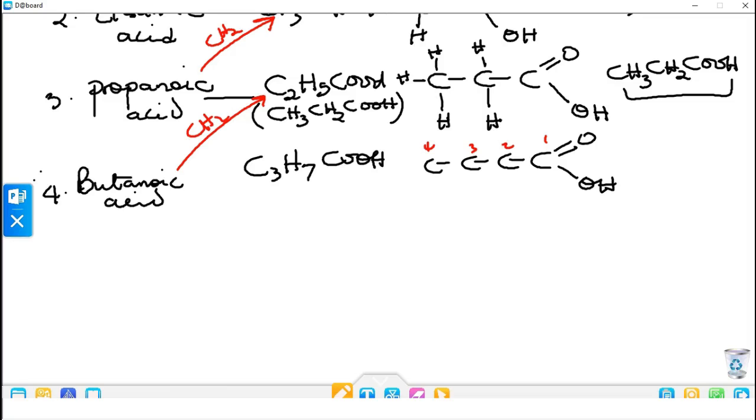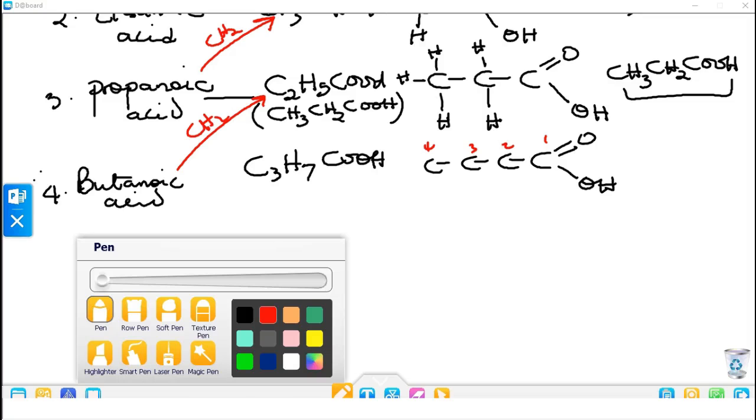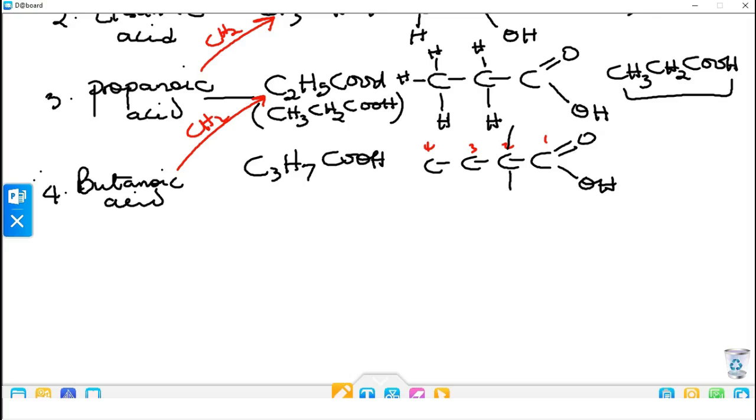And carbon 4 is having just 1 bond, which it's sharing with carbon 3. So it implies that carbon 2 needs 2 more hydrogens. And there it goes. Carbon 3 needs 2 more hydrogens. And there it goes. While carbon 4 will take the remainder 3 hydrogens. And there it goes. So this is the structural formula for butanoic acid.